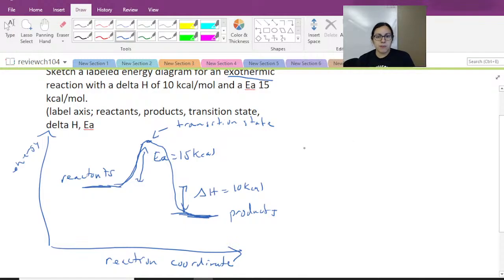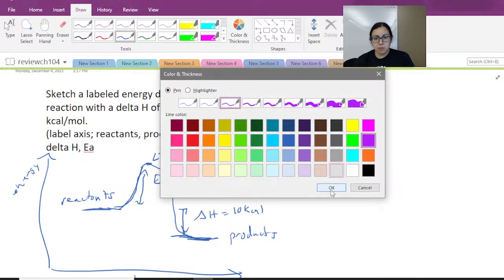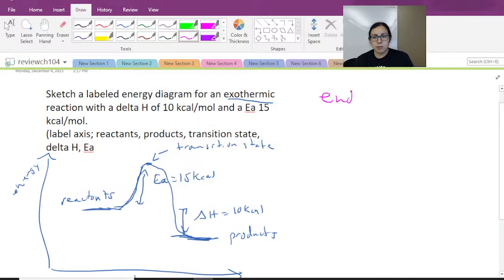Yep, if I just switch this, I can do it in this pink color. I'll do endo in pink. Same conditions, but what if I had said endothermic? Then we could do the same sort of thing.